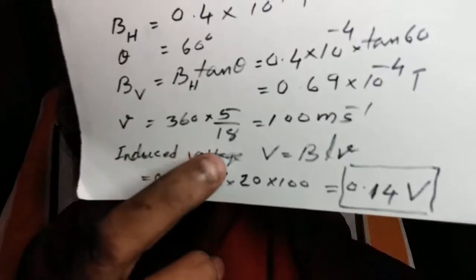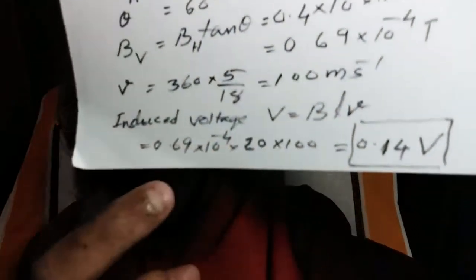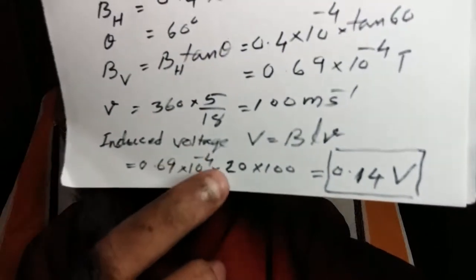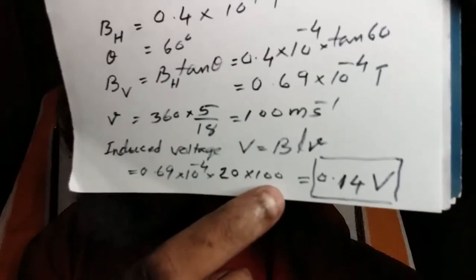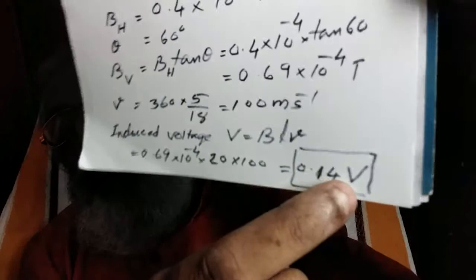So induced EMF V equals BL into velocity. That is 0.69 into 10 raised to minus 4 into 20 into 100 meter per second. Answer is 0.14 volt. That is the answer.